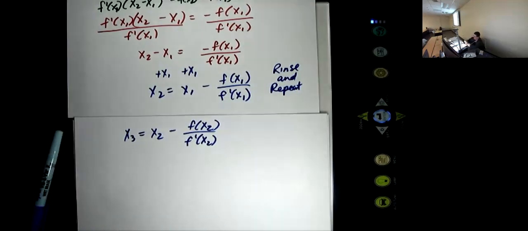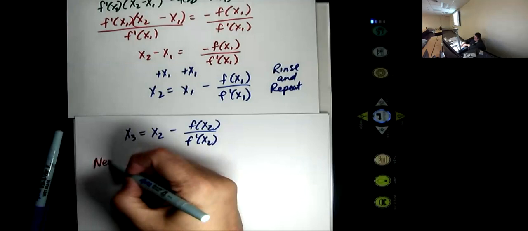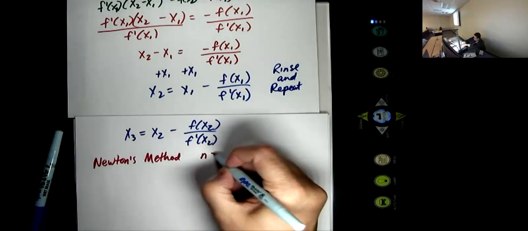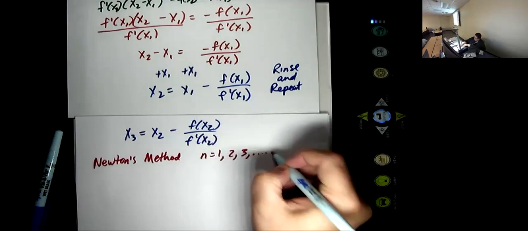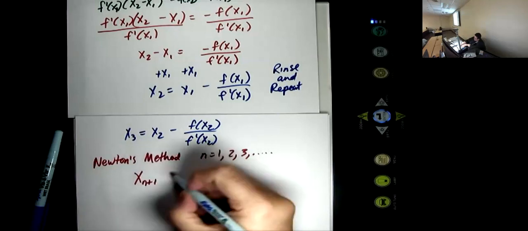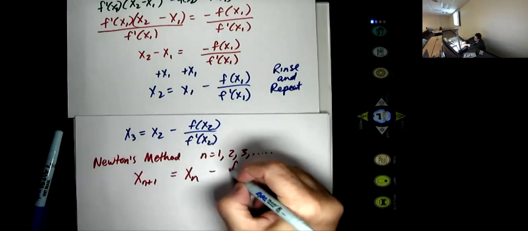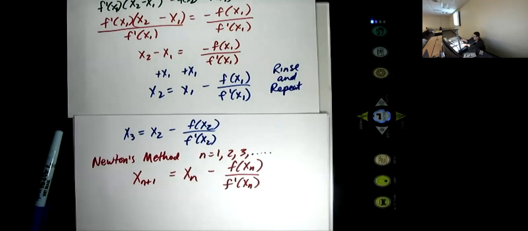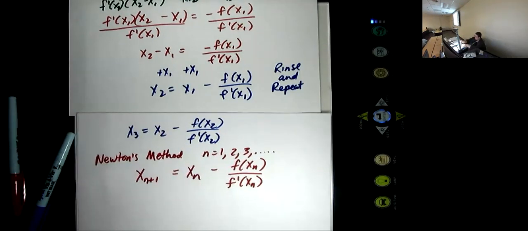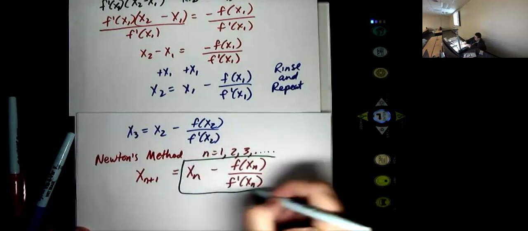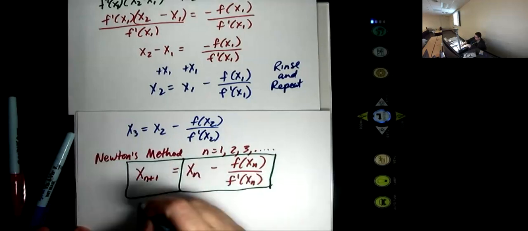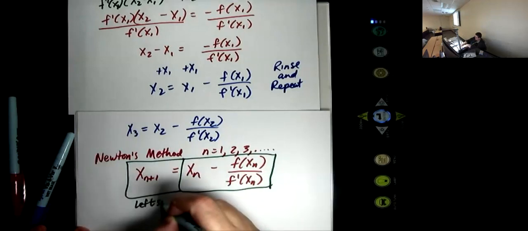Newton's method is this. For n equals 1, 2, 3, and onward, x sub n plus 1 equals x sub n minus f of x sub n over f prime of x sub n. That is Newton's method in all of its glory. The left side is only n plus 1.